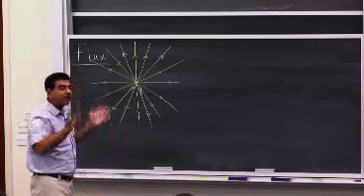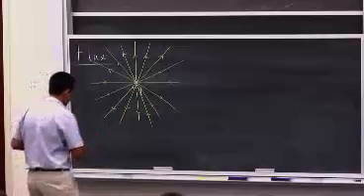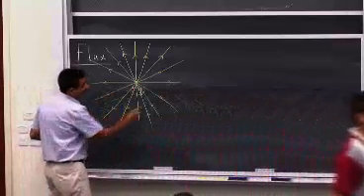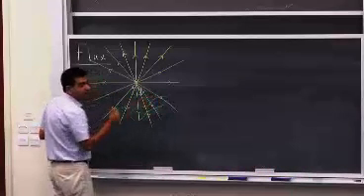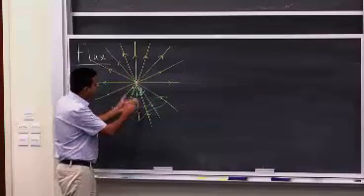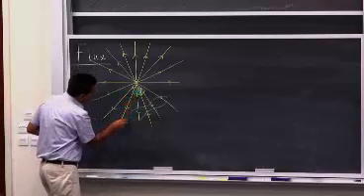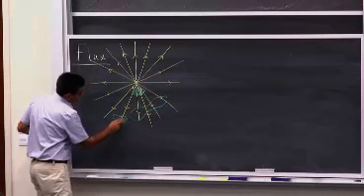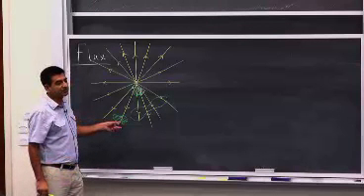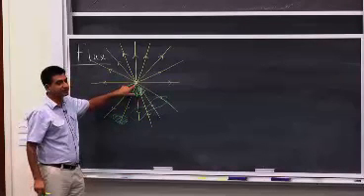Right, so the packing of the field lines tells us what the strength of the electric field in different regions is. For example, in this region the field lines are really close. In this region, the field lines are far apart. If I draw the same area of interest here, then the number of field lines piercing this area is much smaller, which means that the packing density of the field lines is much larger in the vicinity of the charge.